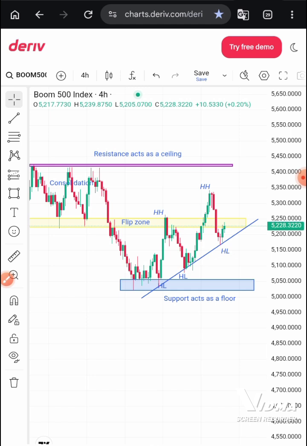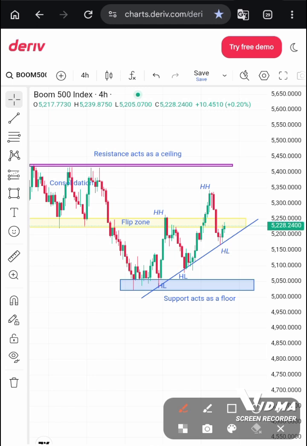I want you to see what happened here at this support. Remember, I also told you to go and do more research after showing you on candles. Can you see that here at this point, where we have our first high low, we had a hammer. Then afterwards, after the hammer, we had an engulfing candle at a support.